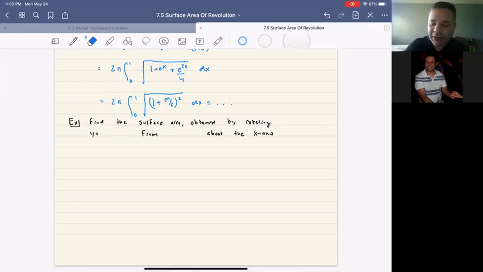We're going to do y equals 1 minus x squared from 0 to 1. This time we're going to do it about the y-axis. What the heck?